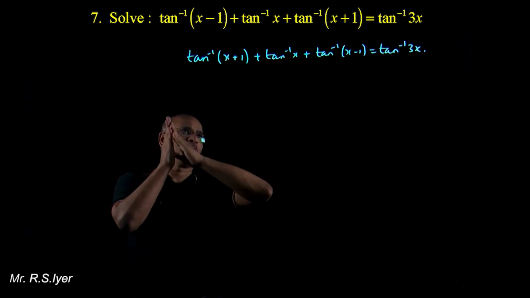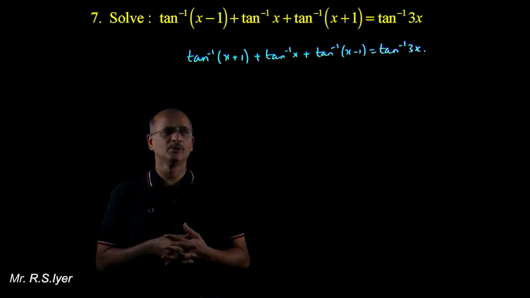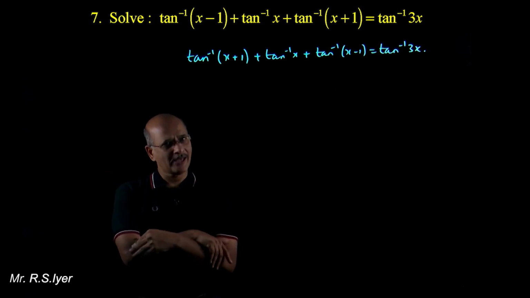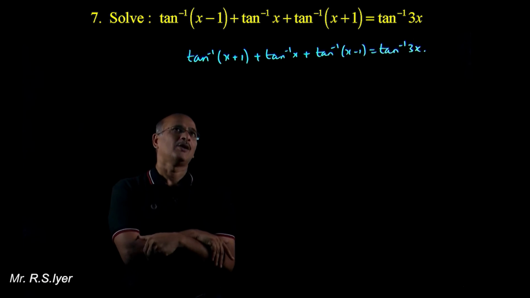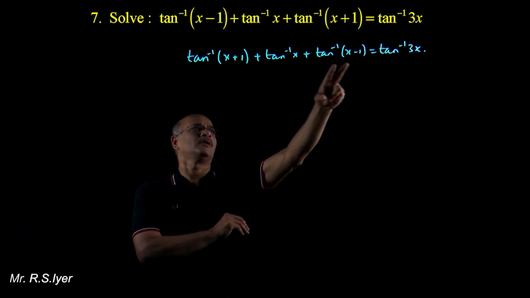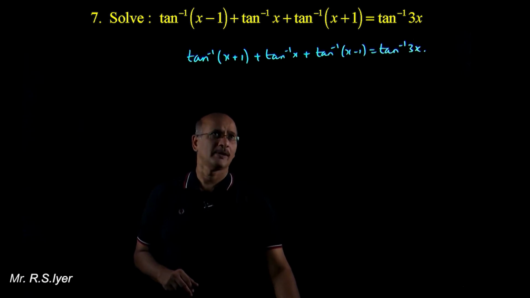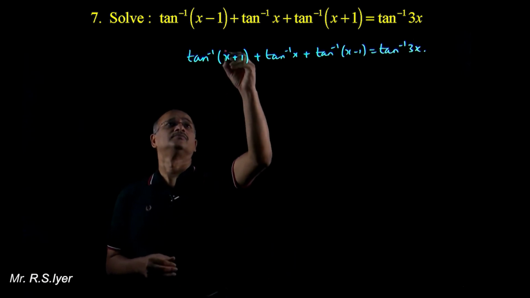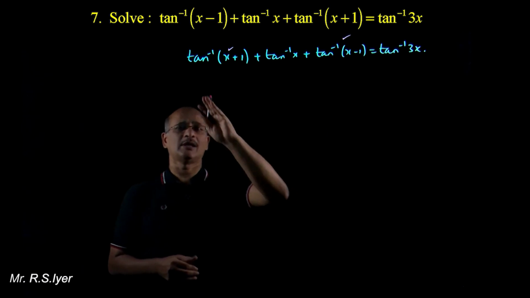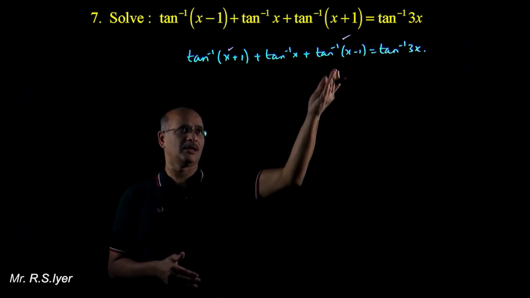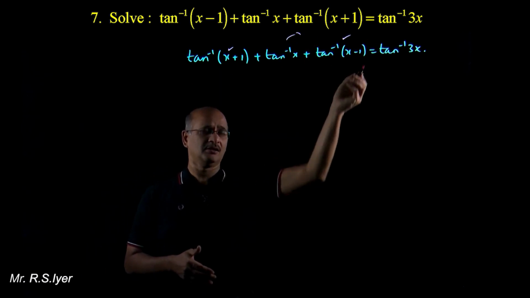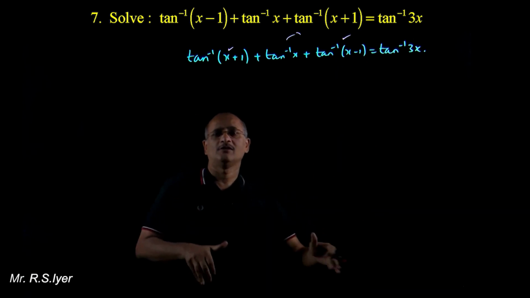But here plenty of inverse ratios are given to you. So I can pair up the way which I like. I would suggest, if you see this is x plus 1, x minus 1, you can try pairing these two things. Then you can apply the tan inverse x plus tan inverse y formula, and shift this other term that side. So both the things will fall down simultaneously.